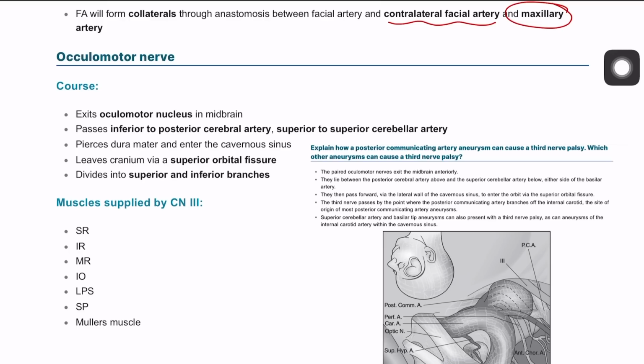So before going into detail, obviously we have 12 cranial nerves, right? And we classify them into 2, 2, 4, 4. So 2 arise from the cerebrum, 2 arise from the midbrain, 4 arise from the pons, and 4 arise from the medulla.